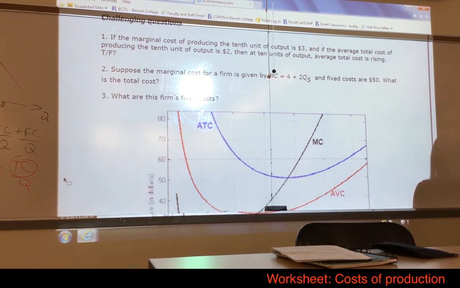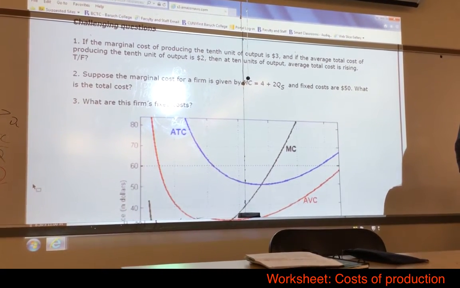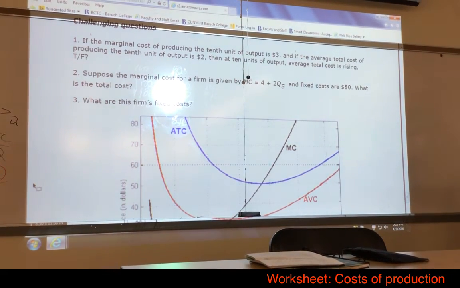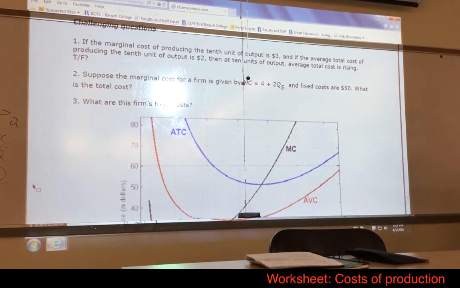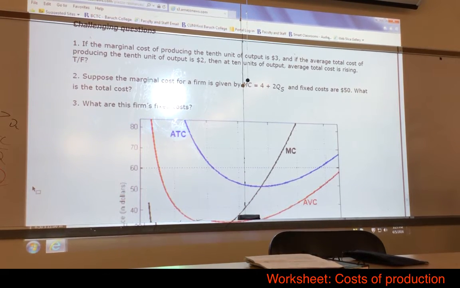Do we agree? No? Why not? What is this now? It says marginal cost is 3 and average is 2. So what's happening to average in that region? Is it rising or is it falling?